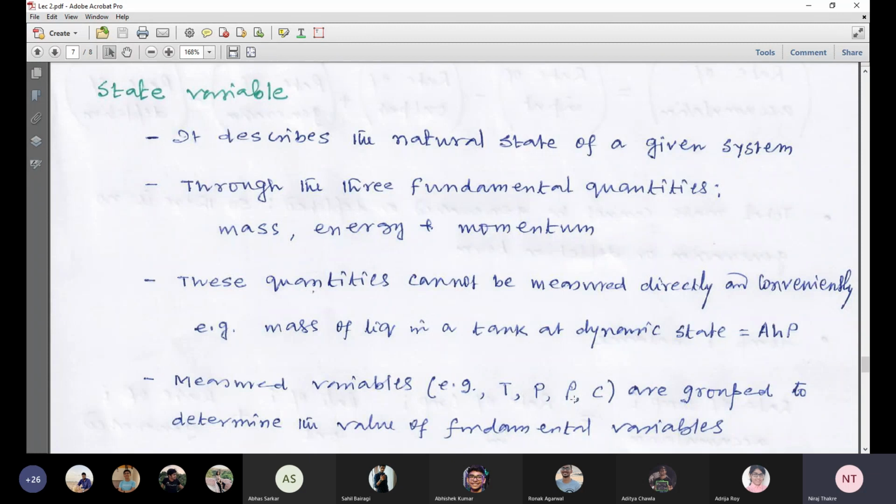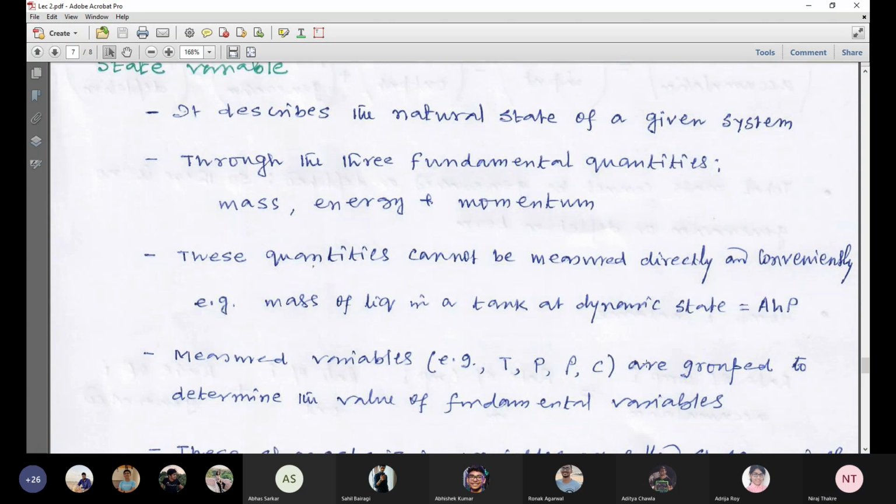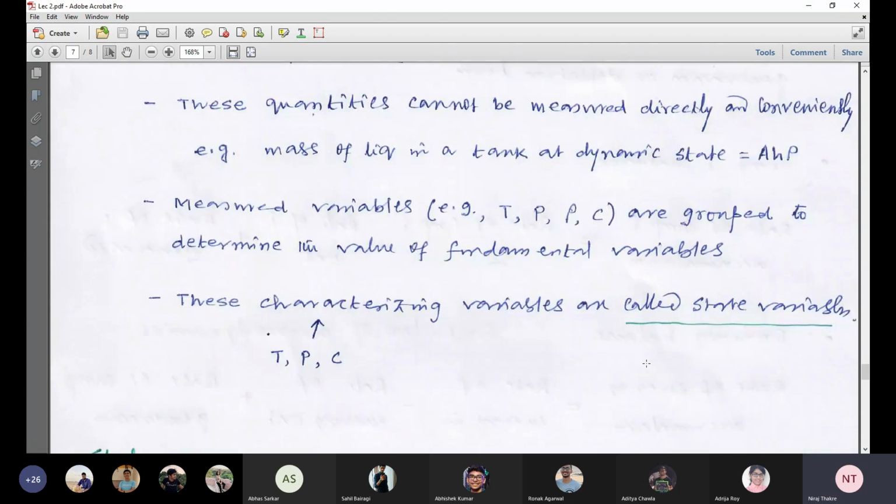Otherwise, these three you can consider, which are widely used for chemical processes: temperature, pressure, and concentration. Fine. So these variables, temperature, pressure, concentration, are used to calculate the mass, energy, and momentum.